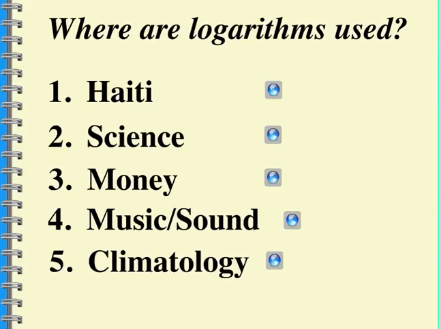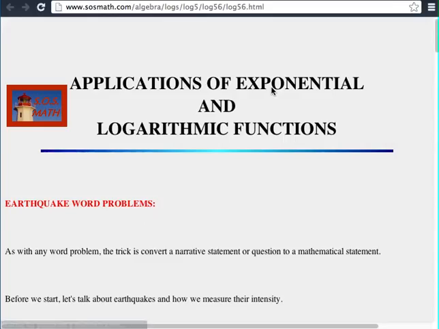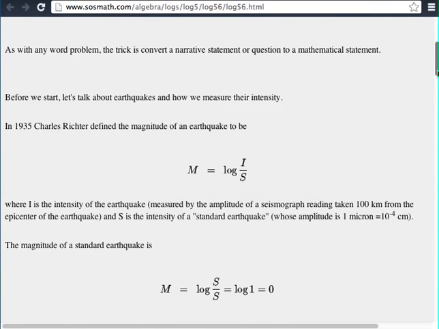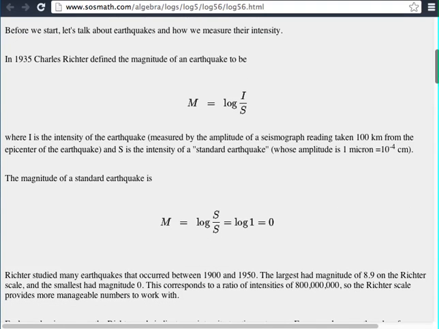Now the question is, where are logarithms actually used? Believe it or not, these are just 5 links where they're actually used. In Haiti, I don't know if you remember, there was an earthquake back a while ago, okay, and the earthquake was defined with the Richter scale using a logarithm, the intensity of the earthquake.